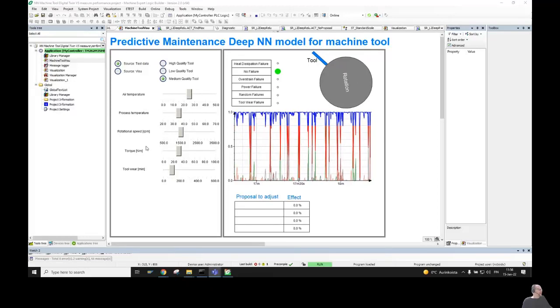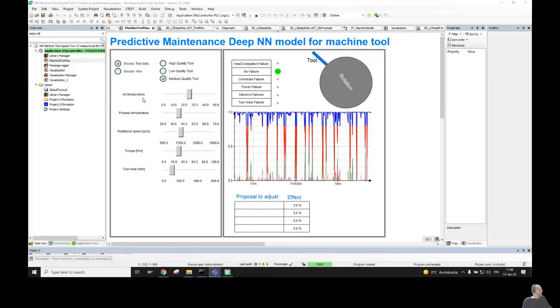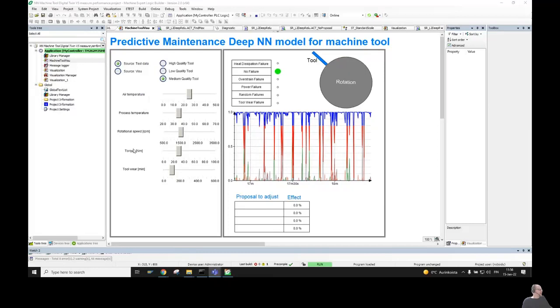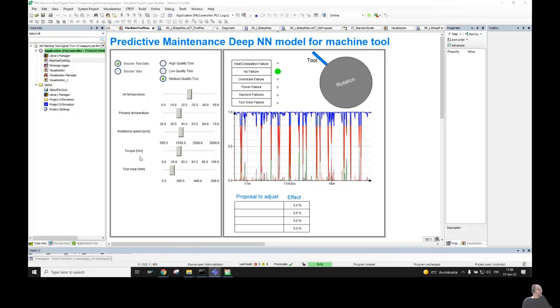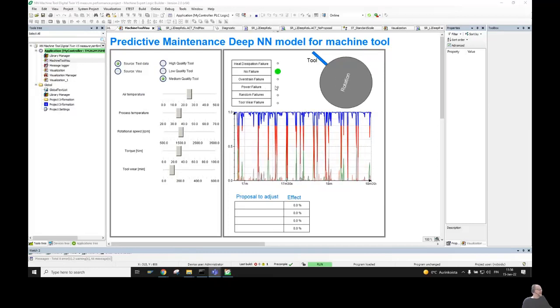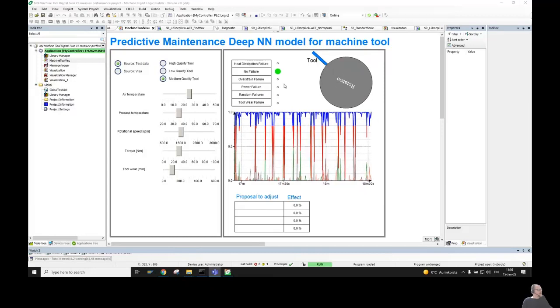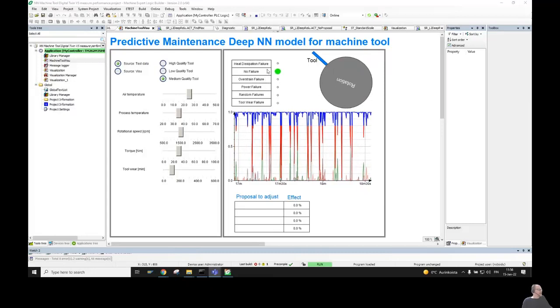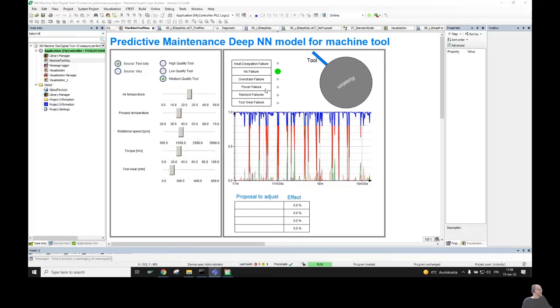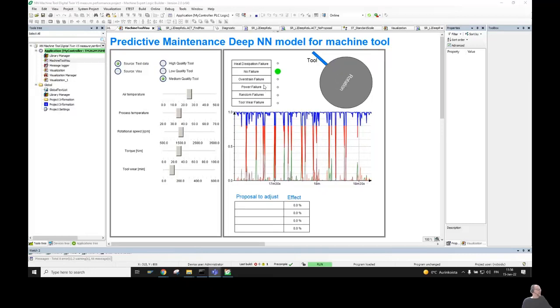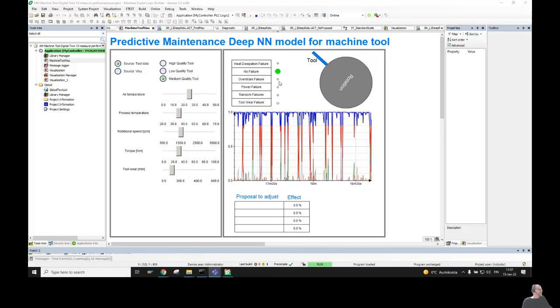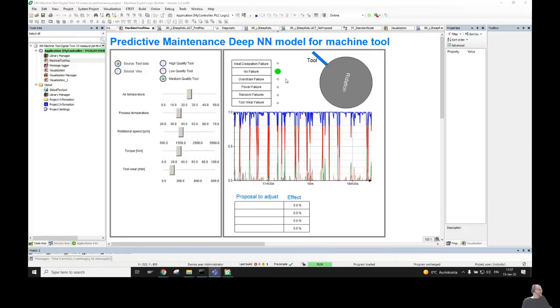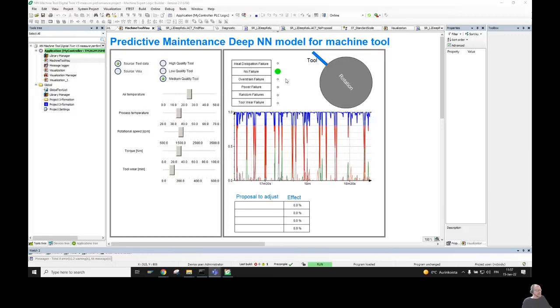So depending on the machine tool input parameters, the machine will function in a mode where there is no failure, or then some failure mode is predicted. This is quite an illustrative visualization for this demonstration purpose.